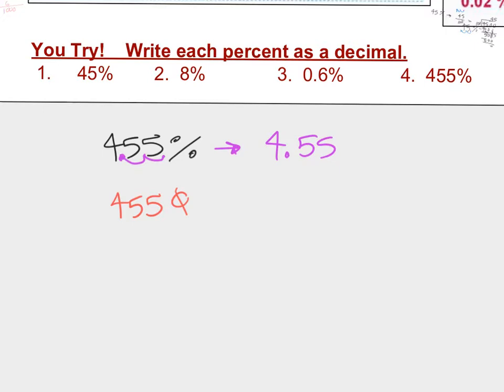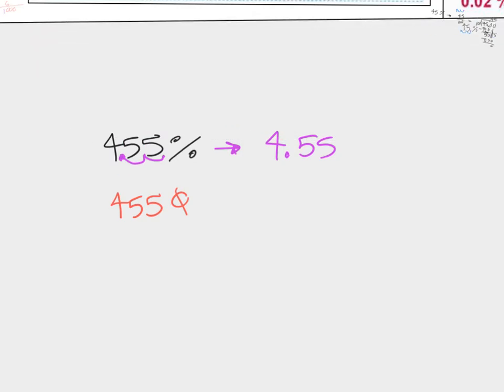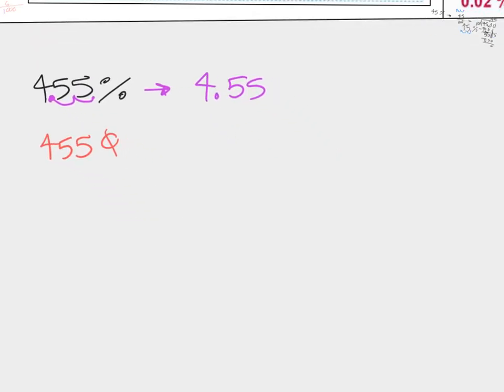And then the last thing that I want to make sure that you all remember how to do is changing decimals to fractions. To change decimals to fractions, just like we did, if it's in the third place value, it's over 1,000. If it's a whole number, such as 4.55, if I was to read this, I would read it as 4 and 55 hundredths.